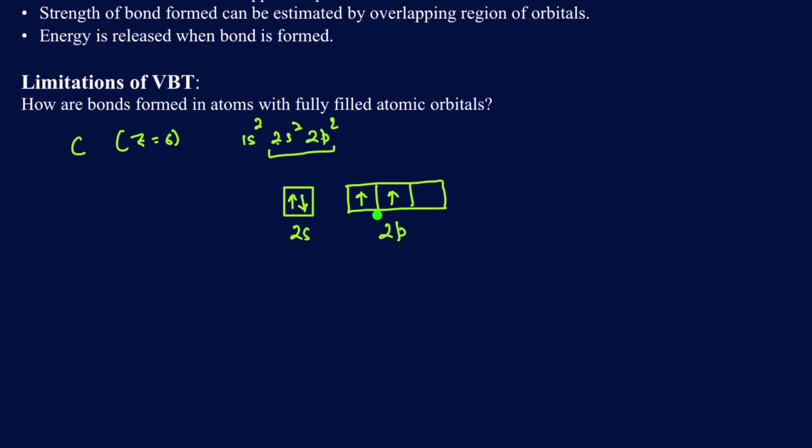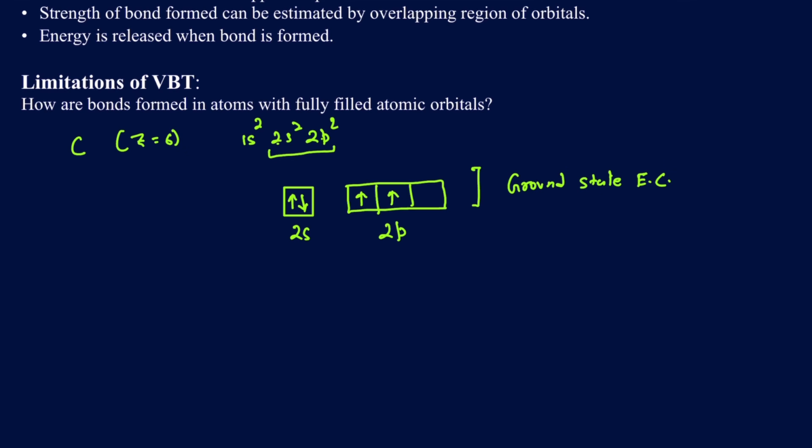So, as a result, it would be able to make two bonds because that was the whole point of the valence bond theory, that the orbitals that are half-filled are the only ones that are going to be overlapped to make a bond. So if that is true all the time, then carbon is going to be able to make only two bonds because in the ground state electronic configuration for carbon, you only have two orbitals half-filled. So this is going to be the ground state electronic configuration for the carbon.